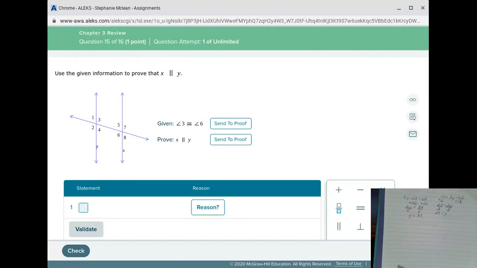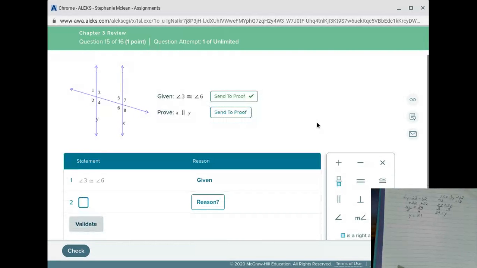Use the given information to prove that x is parallel to y, except this time we are given angles instead of parallel lines. I'm going to send this, angle 3 is congruent to angle 6, to my proof. Angle 3 and angle 6 are interior angles, and they're alternate because they're on opposite sides of this transversal that crosses these lines.